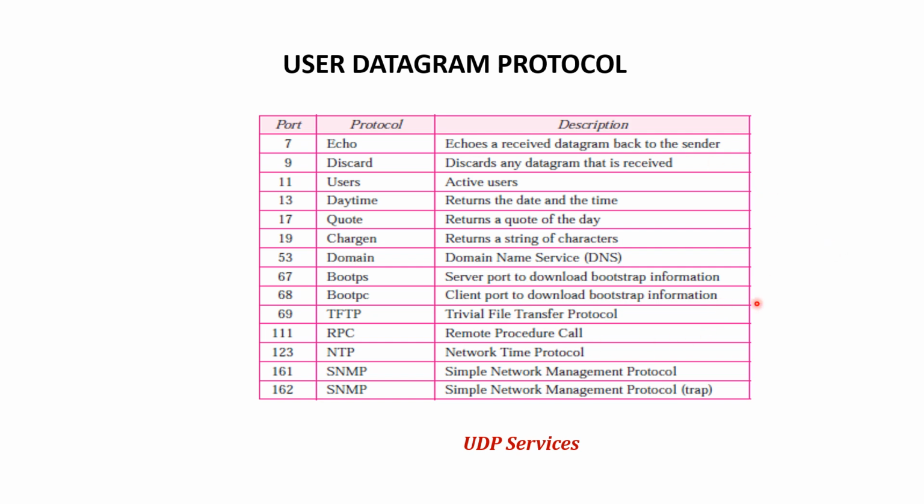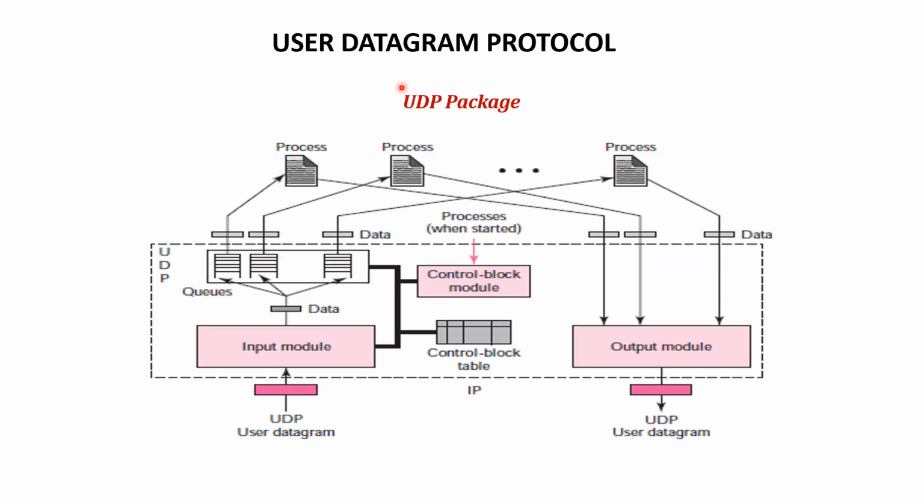The UDP package involves five components. They are the control block table, control block module, input module, output module, and input queues.